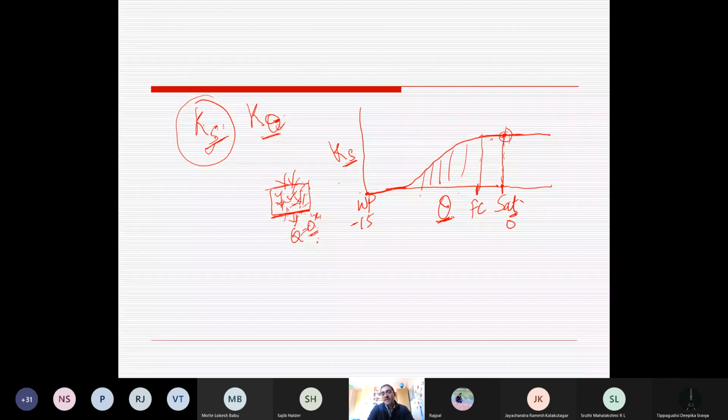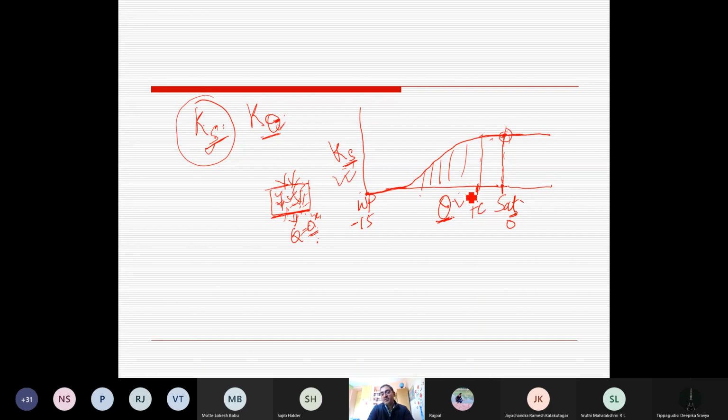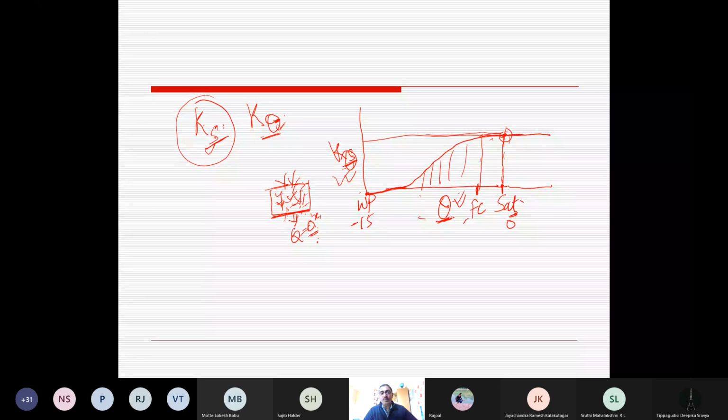So this is basically the relationship between hydraulic conductivity and soil moisture content. When soil is saturated, hydraulic conductivity is constant and maximum. This is the relationship somebody asked about that day. Is it clear now?